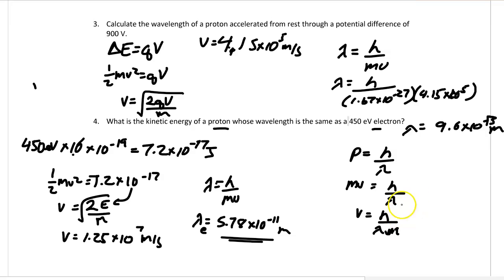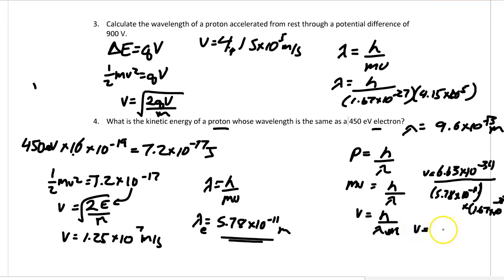Again, we've got Planck's constant, 6.63 times 10 to the negative 34, all over that wavelength of 5.78 times 10 to the negative 11, multiplied by the mass of 1.67 times 10 to the negative 27. You should find that to be 6868 meters per second.